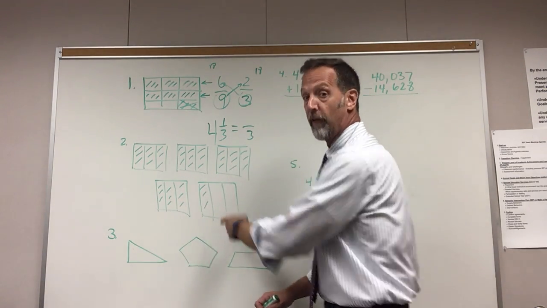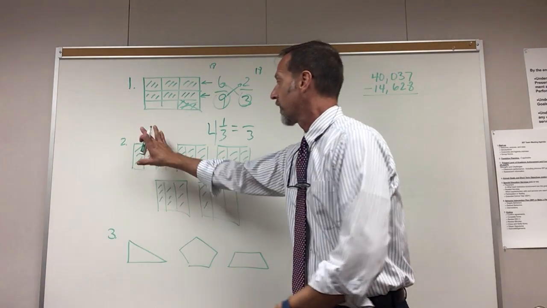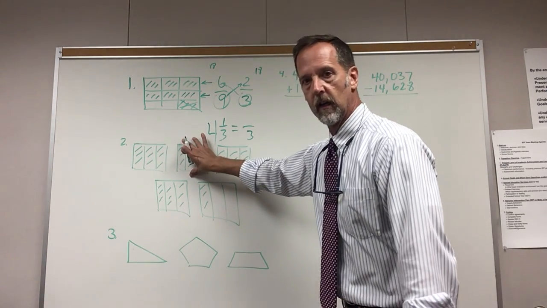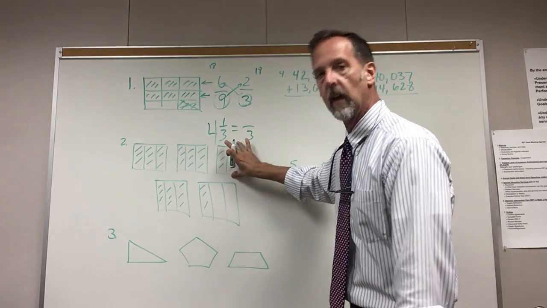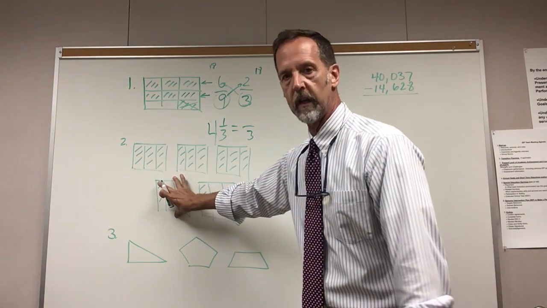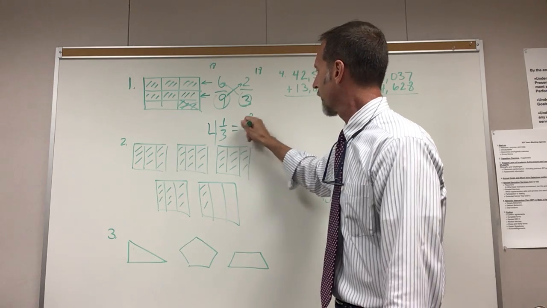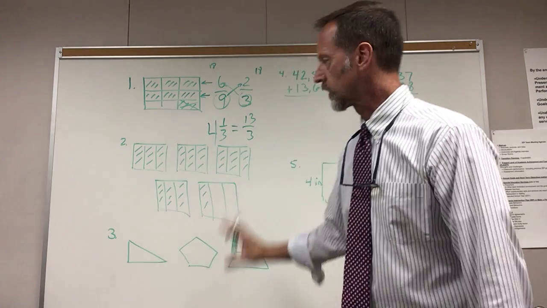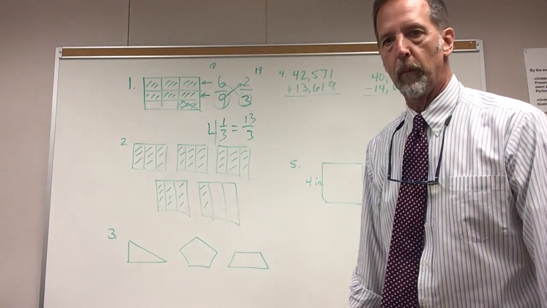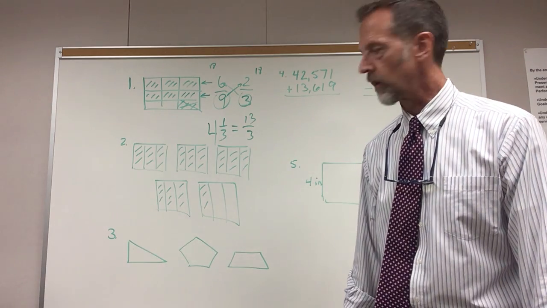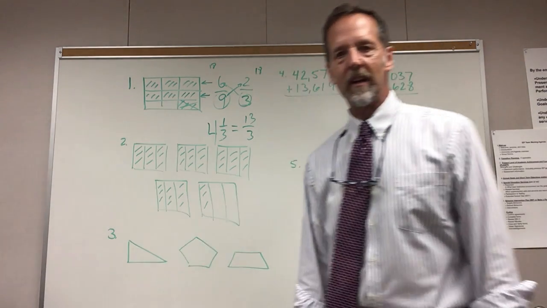How many are in this one? Be careful. 1. So I've got 3 plus 3, 6 plus 3, 9 plus 3, 12 plus 1 more. There are 13 thirds shown in that picture. 13 thirds.